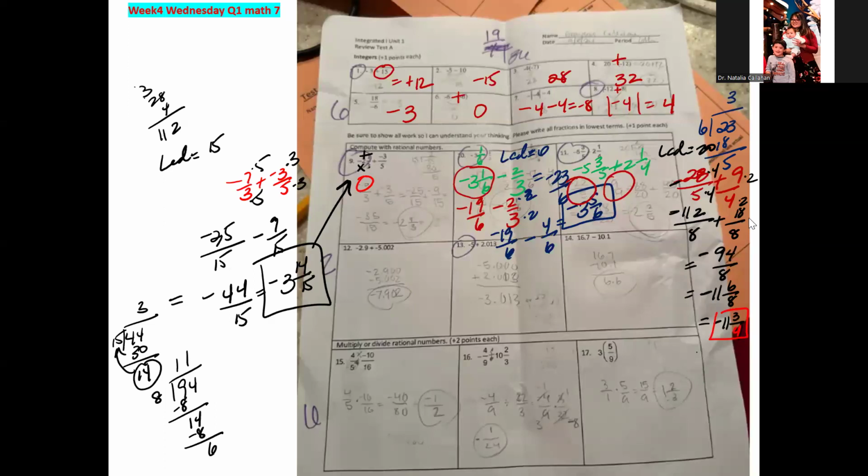What's negative 112 plus 18? What's your answer?